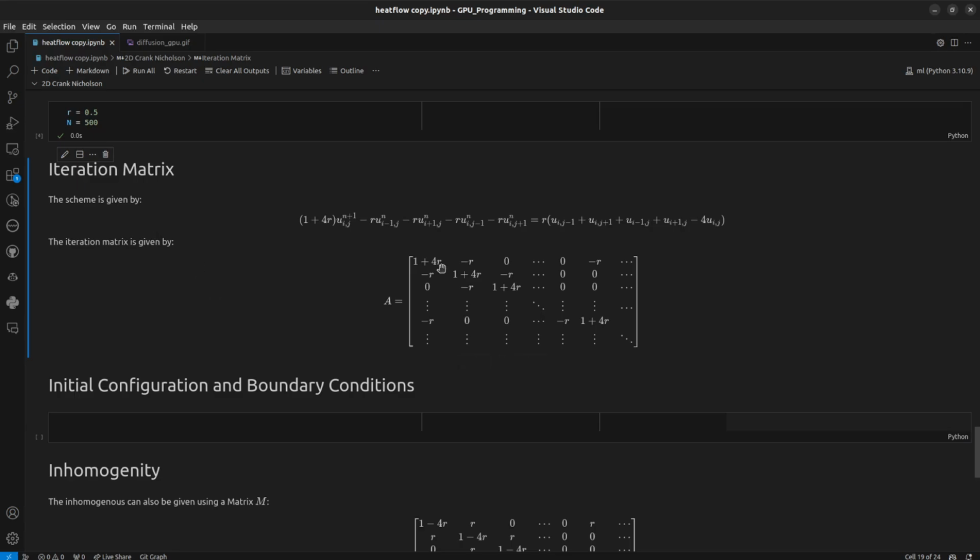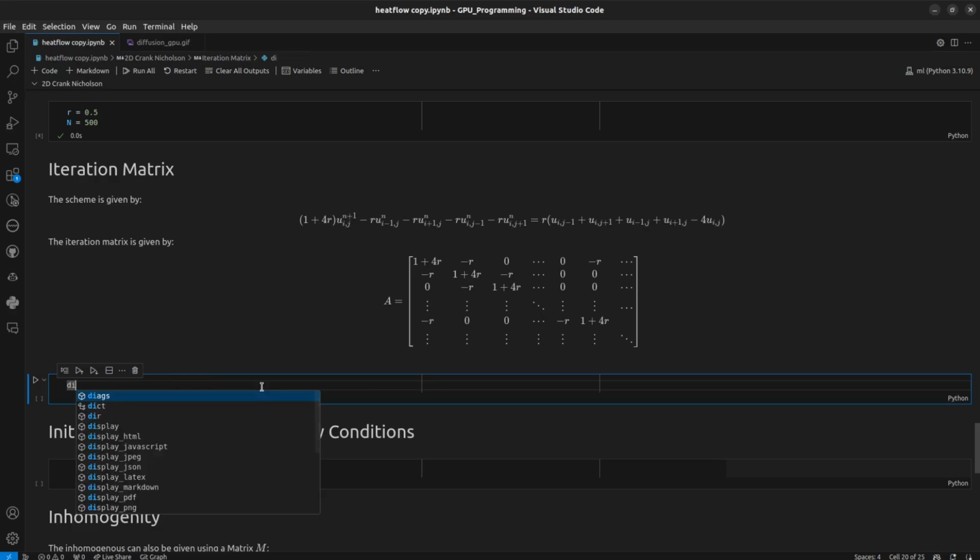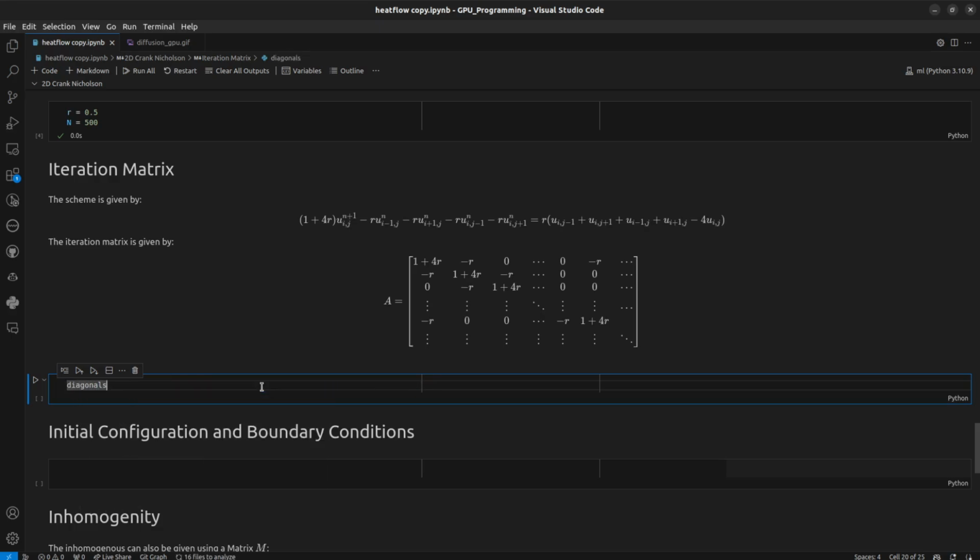Now we're back in our trusty Jupyter notebook, and we're trying to create this matrix that we just derived on the whiteboard in Python. So what we're going to do is create a list that contains the diagonals that we later on want to place in our sparse matrix. This time it's going to be 5 entries.